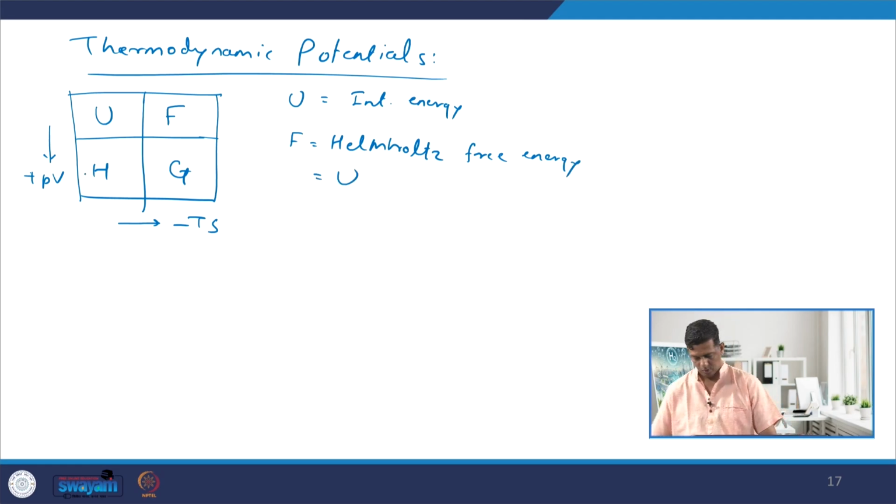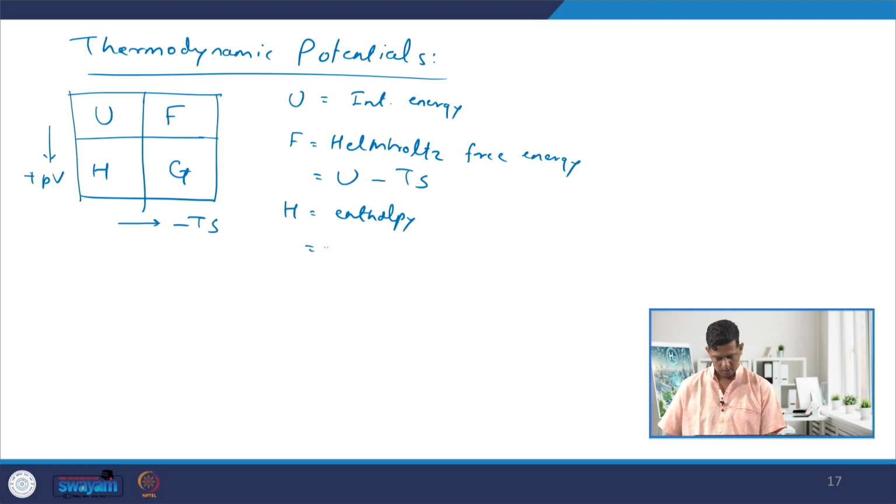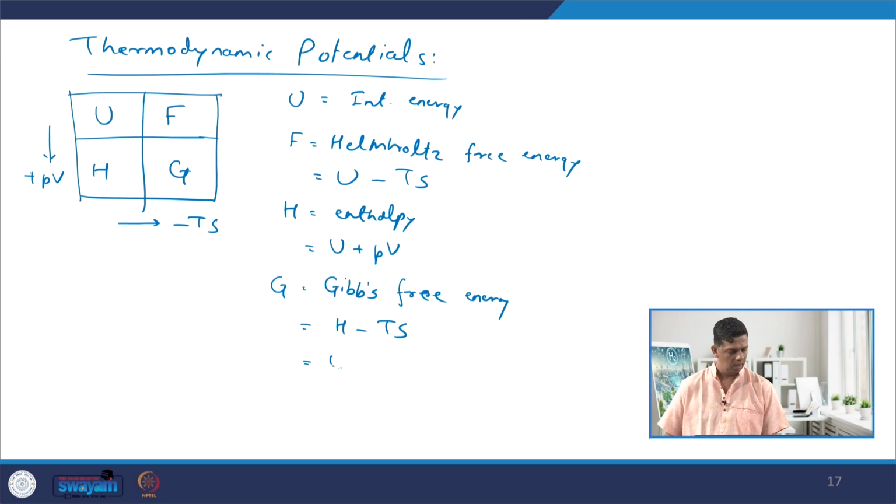So, if I want to go from U, I have to add this minus Ts to U, so that we reach F. Then we also know H is enthalpy, which if I want to go from U is U plus PV, right, and G is your Gibbs free energy, which is nothing but H minus Ts, and I can write H as U plus PV, and this minus Ts will remain the same here. So, this is your Gibbs free energy.